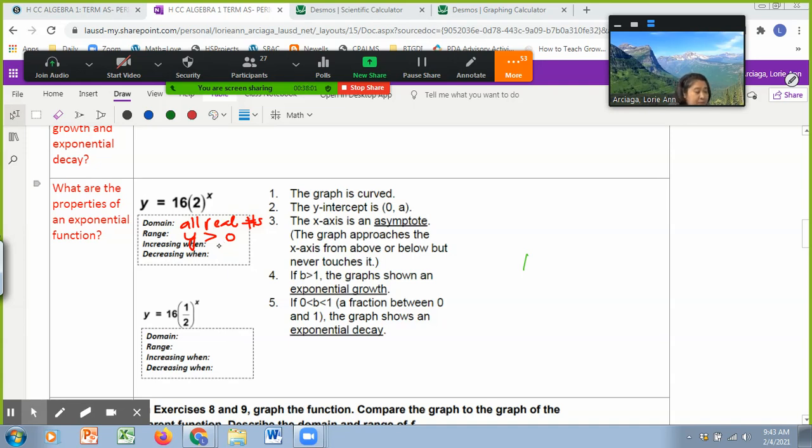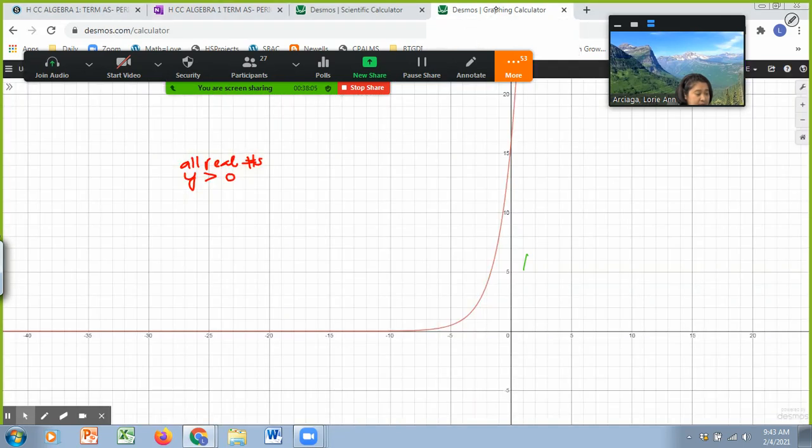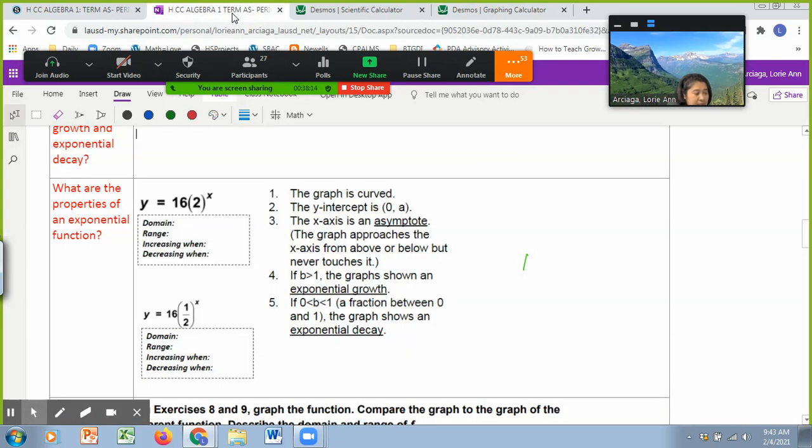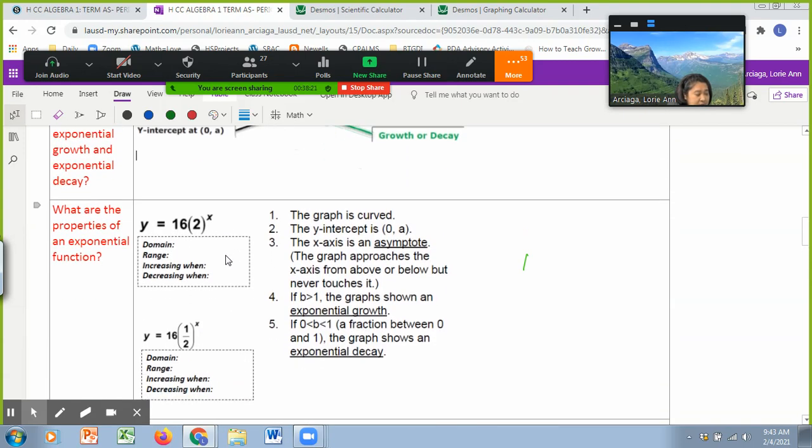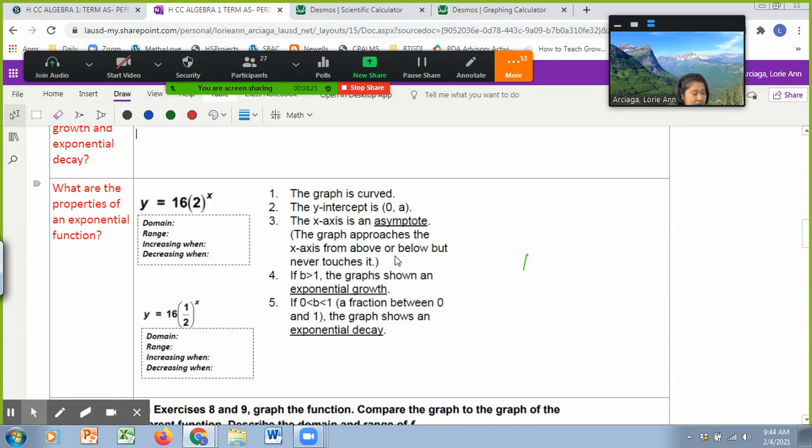Okay, so when is it increasing? Meaning when is the graph going up from left to right? I think it always goes up from left to right. So it's increasing from left to right for all real numbers.